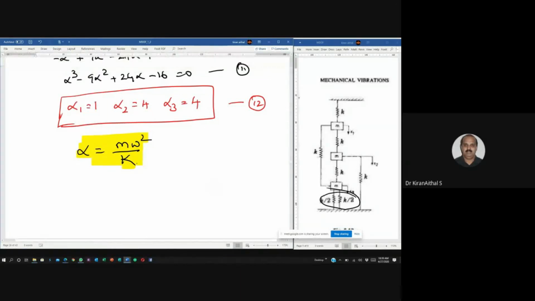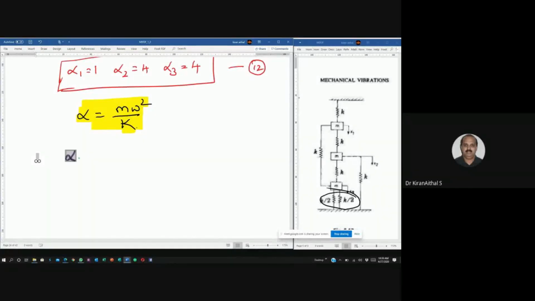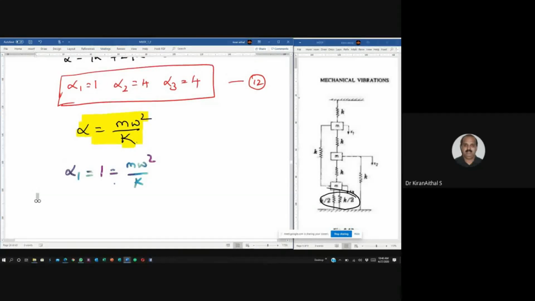Let's say alpha 1 is equal to 1, which is equal to m omega square by k, right? Therefore omega is equal to root k by m. Omega 1 is equal to root k by m.